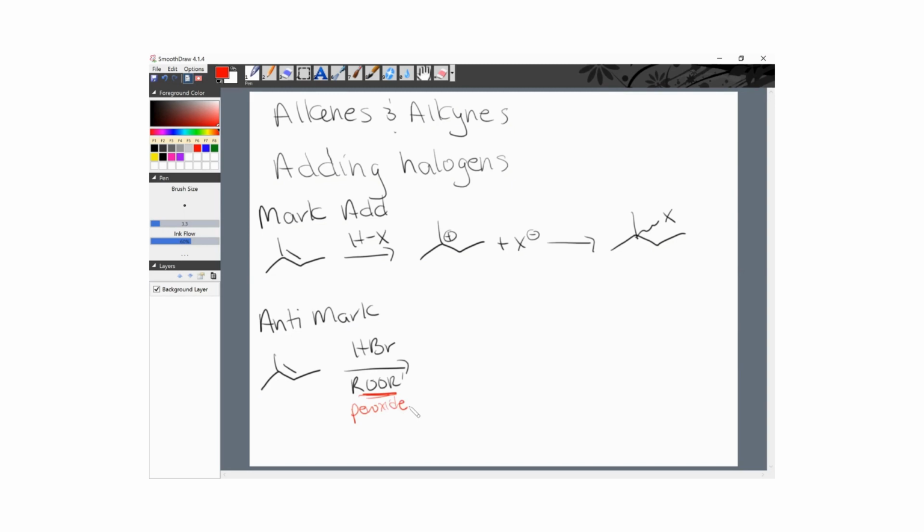That is going to go through a different pathway. And so we're not going to draw a carbocation. We're going to put it in the anti spot. So this is the Markovnikov spot, and this is the anti-Markovnikov spot. So there are two different ways to do hydrohalogenation.